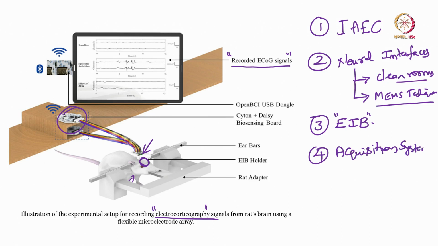Here we are just recording the signals from the brain. If you are stimulating, if you send electrical signals, then you need to have a stimulation system. Now, the neural interfaces that you have fabricated have electrodes, active electrodes. The material used for the electrodes must be compatible for acquisition or stimulation accordingly. We will discuss this in detail.